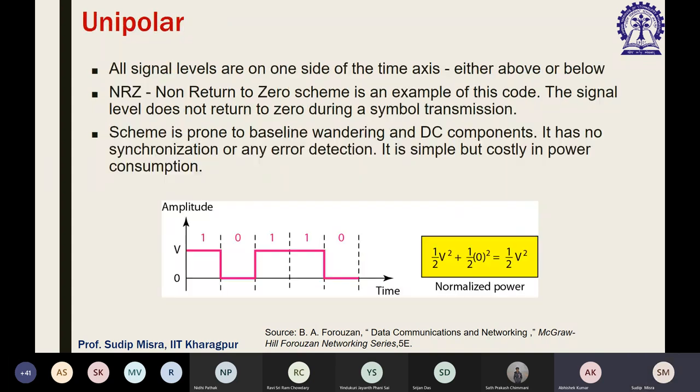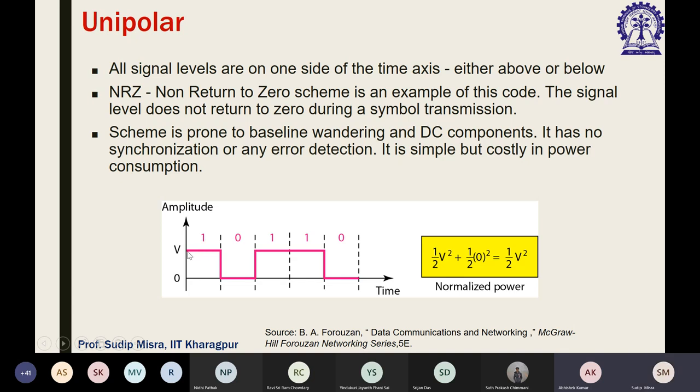Let us try to understand this unipolar NRZ. Unipolar, non-return to zero. As you can see over here, plus V voltage will represent a particular type of bit, and 0 voltage will represent the other. The 0 bit will be represented as 0 voltage.